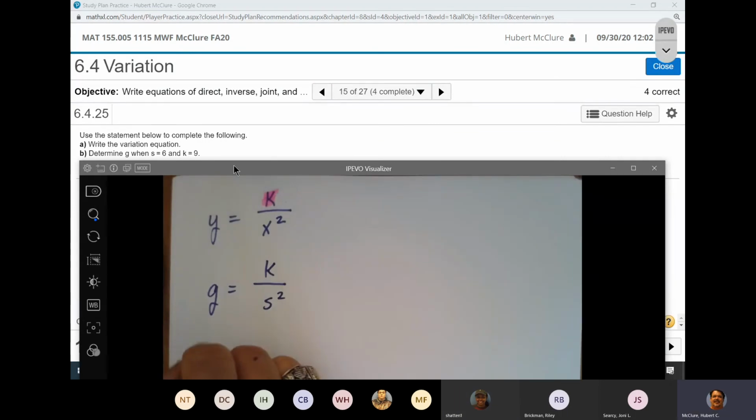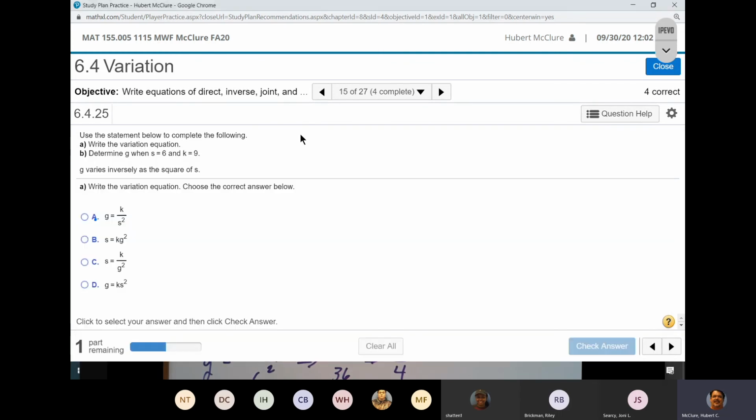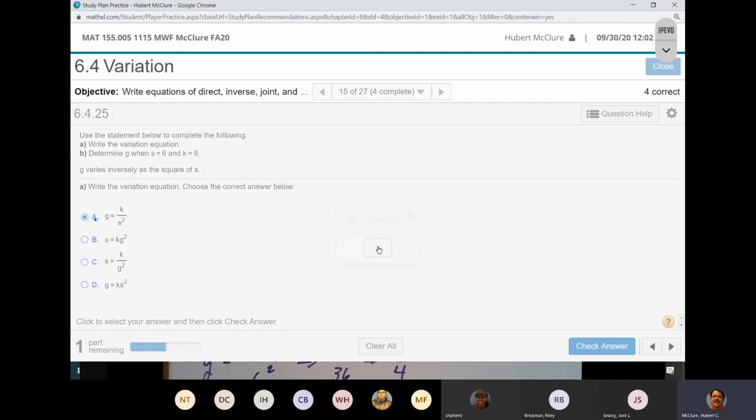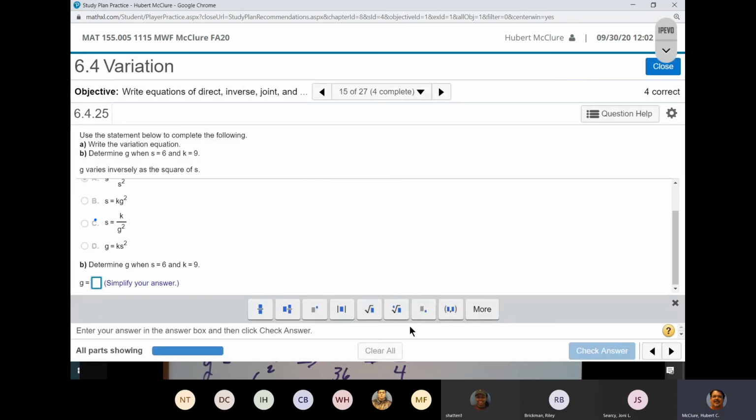G is equal to 9 over 6 squared, which is 9 over 36, which is 1/4. G is equal to K over S squared. And G is equal to 1 divided by 4.